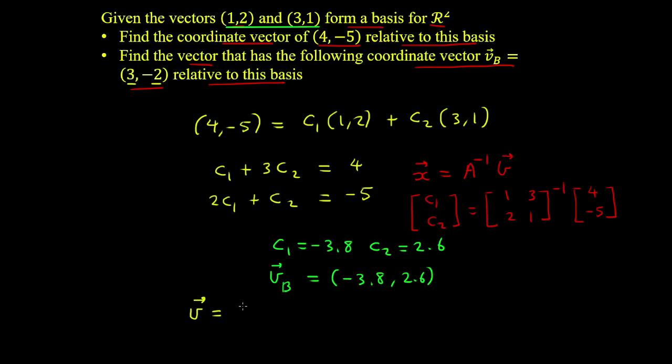So what we have is 3 by the first basis vector minus 2 by the second basis vector. So for the first component, we get 3 minus 6 is negative 3. And then we have 3 by 2 is 6, minus 2 by 1, which is 4.